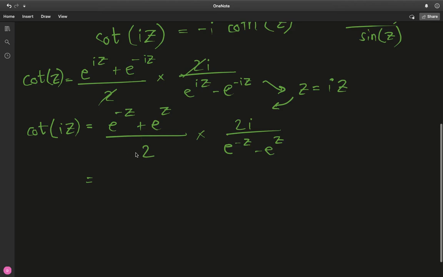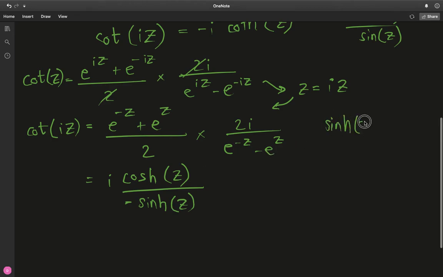And now notice that this is nothing but the definition of our hyperbolic cosine of z, so cosh of z, and we have i that's unused, and in the denominator we have the sinh of z, except we have a negative sign here because the sinh of z is nothing but e raised to z minus e raised to negative z divided by 2, and we have the order flipped, so we have to take a negative for that.